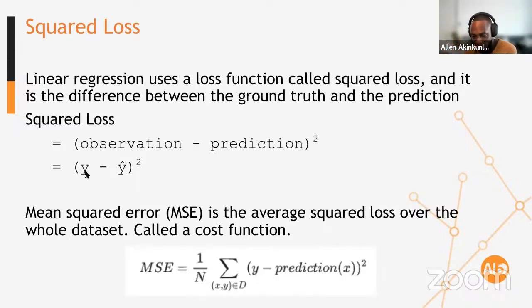In math or in textbooks, our observation, our ground truth is typically labeled Y. Predictions always have this cute little hats on top of them. And it's all the hats. So the predictions are called Y hats, and you square that. So that is the loss we use to measure how well our model does, or how well our line, which is just our model, does, right?